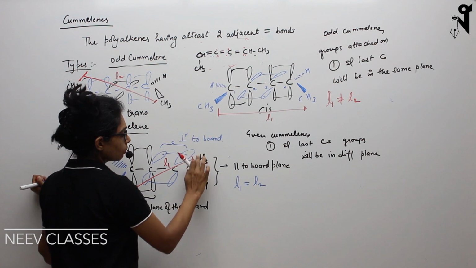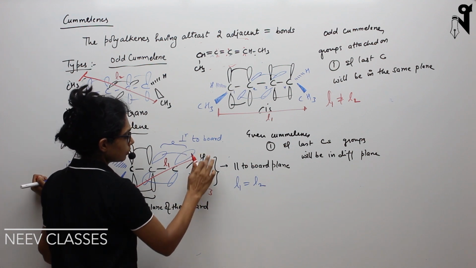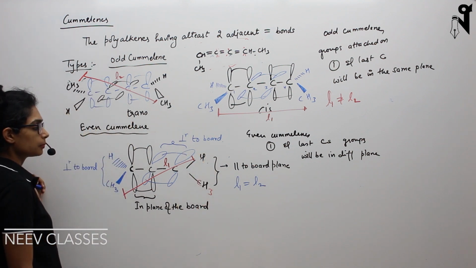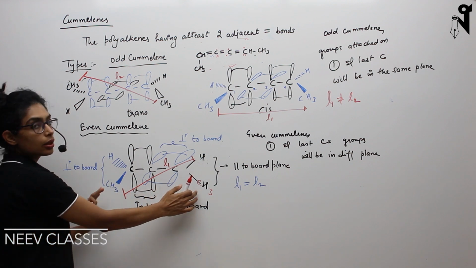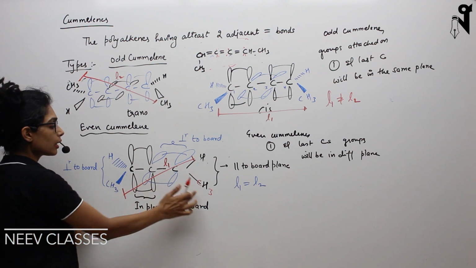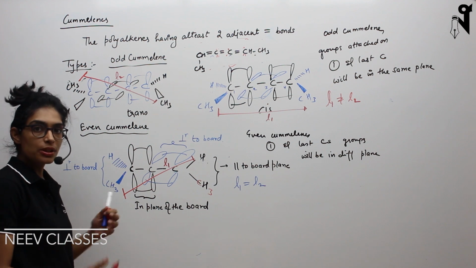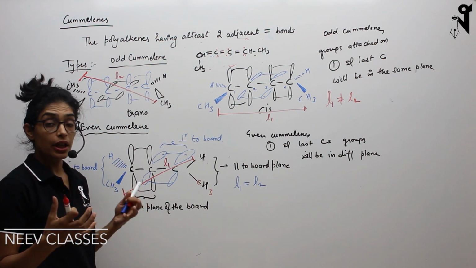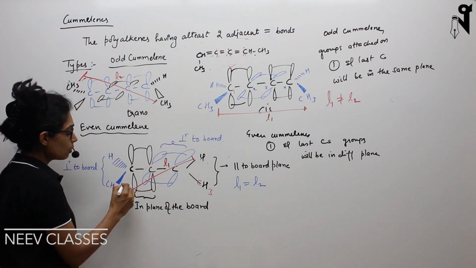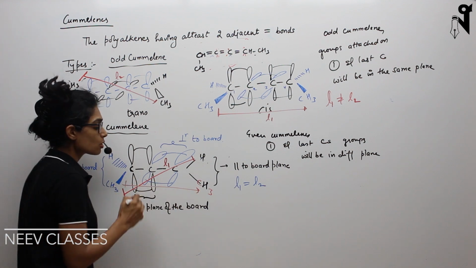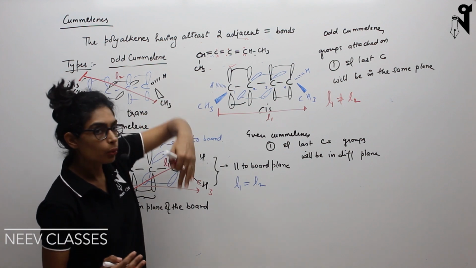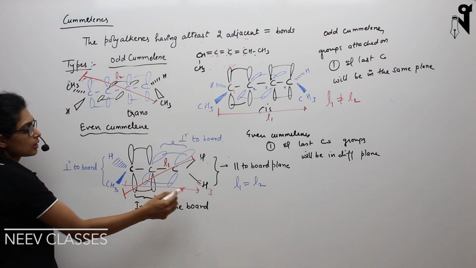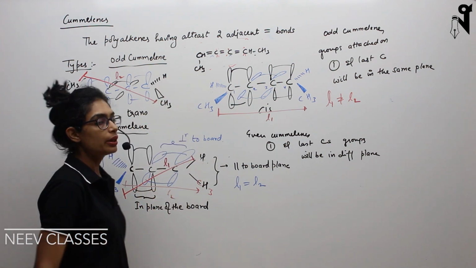If I move it down and write it like this, even though in a two-dimensional plane it looks like there should be some difference in the L1 and L2 length, I have shown you just now that even though this is not straight, this is also diagonal going down, L1 and L2 are going to be the same.